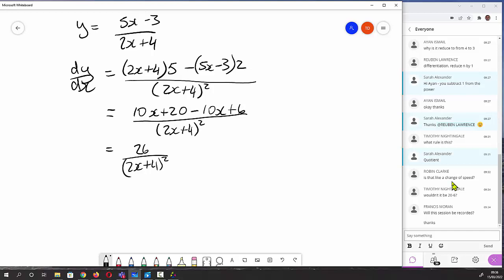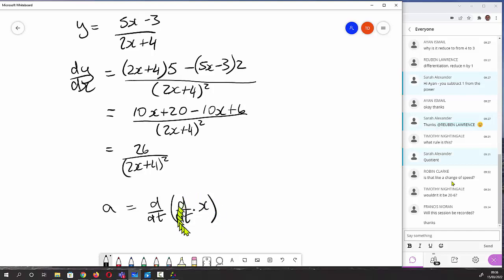That's a weird sentence to say, isn't it? So acceleration is equal to, and this time I'm going to say d by dt, which is the rate of change with respect to time, d by dt of x.